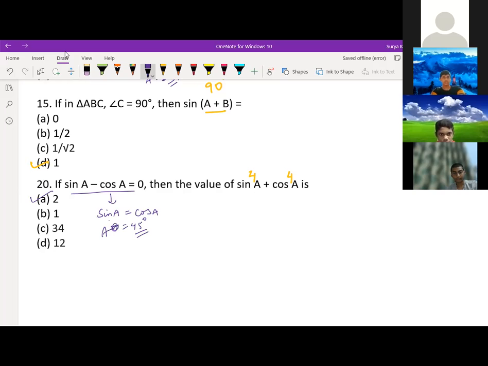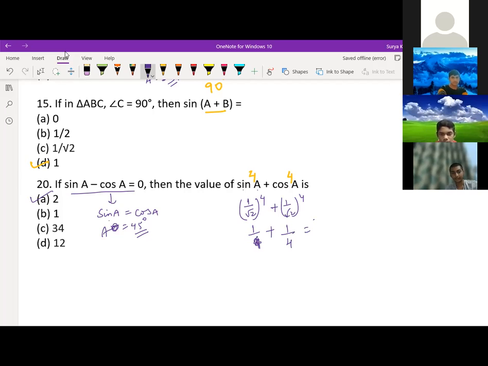If A is equal to 45 degrees, sin 45 to the power 4 plus cos 45 to the power 4 is equal to what? 1 by root 2 to the power 4 plus 1 by root 2 to the power 4. Root 2 to the power 4 is 4, so 1 by 4, and here also 1 by 4.